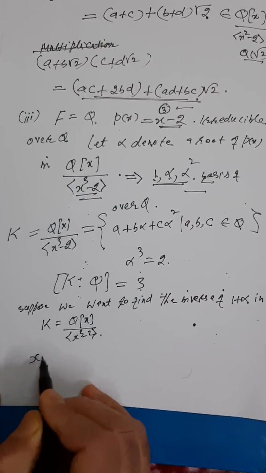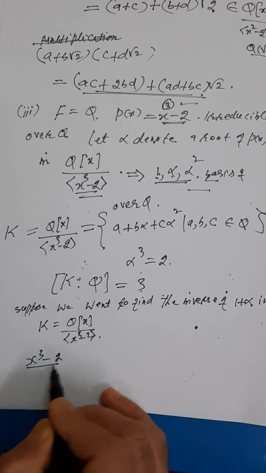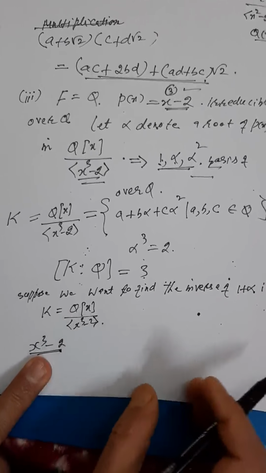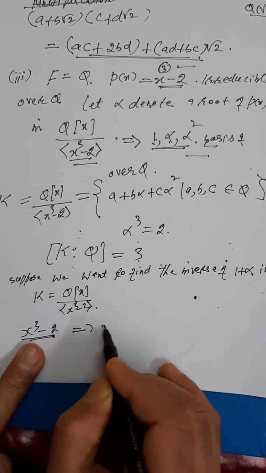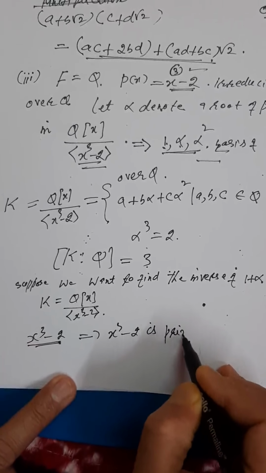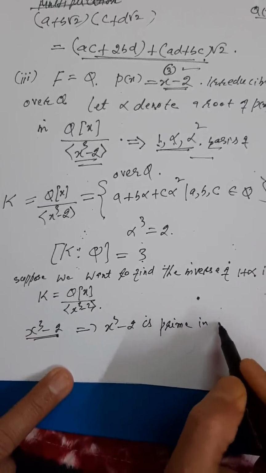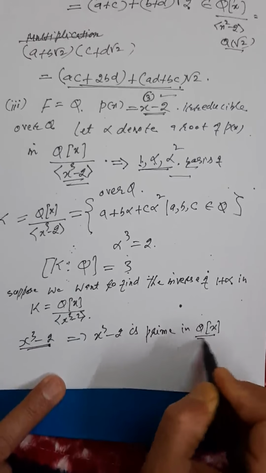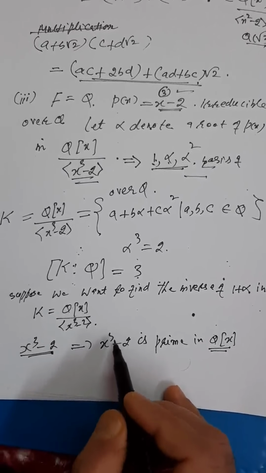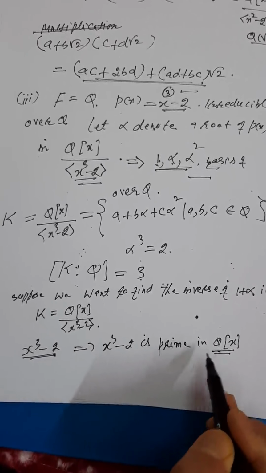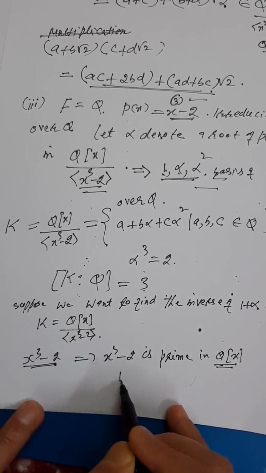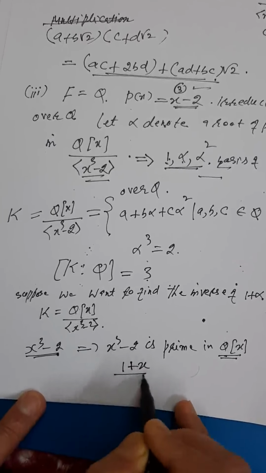This polynomial x³ − 2 is irreducible over Q, and we know that every irreducible is prime. So x³ − 2 is prime in Q[x]. Once it is prime, it would be relatively prime, or coprime, with any polynomial of smaller degree in Q[x]. In particular, it would be relatively prime with the polynomial 1 + x.